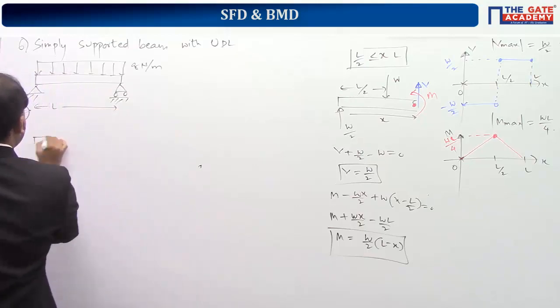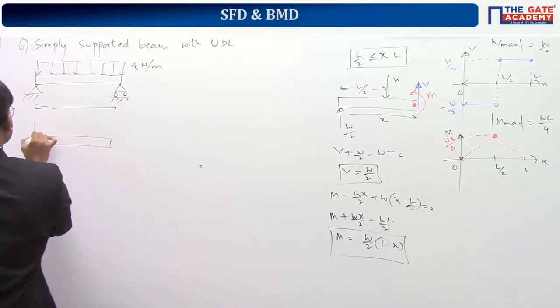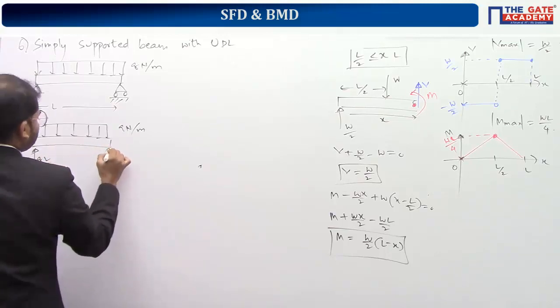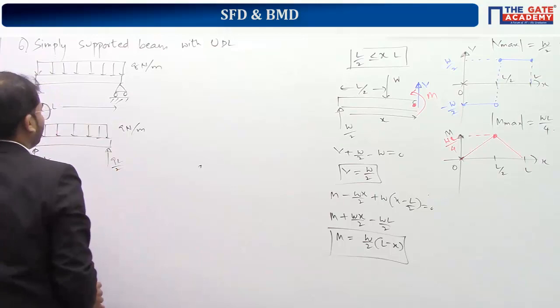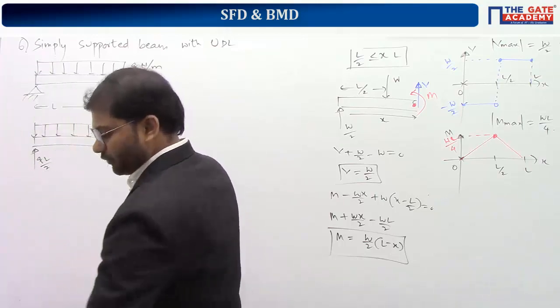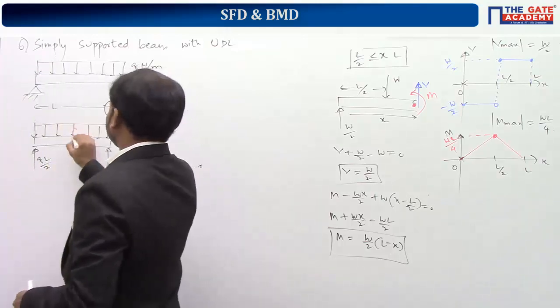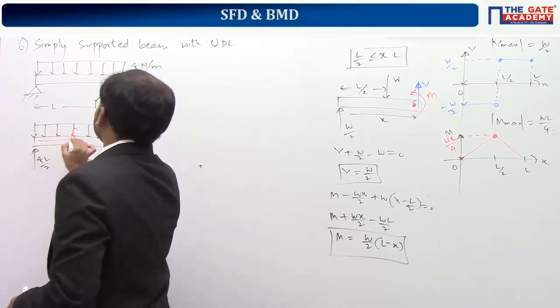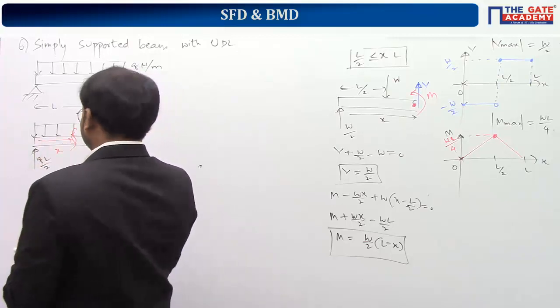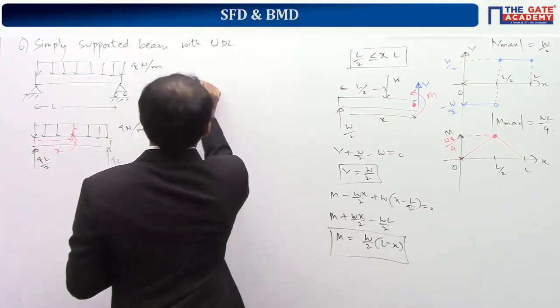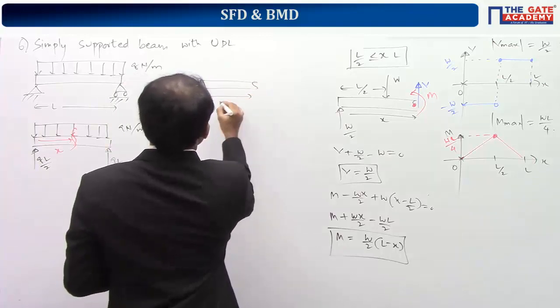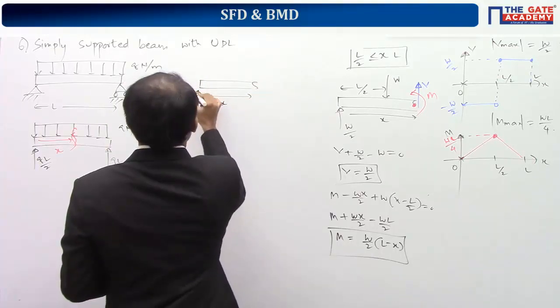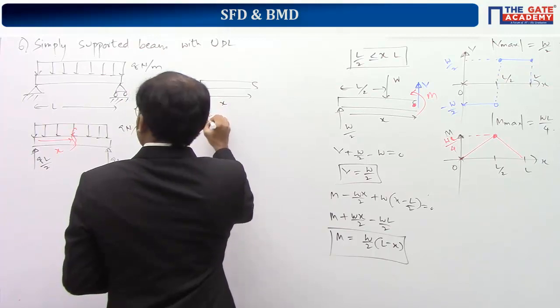So for this, if you apply the equilibrium condition, you will get the support forces as QL by 2 on both the left and right sides. So for this, you just have to take one cut. I'm taking the cut at x from the left side direction. So this distance is x, QL by 2.